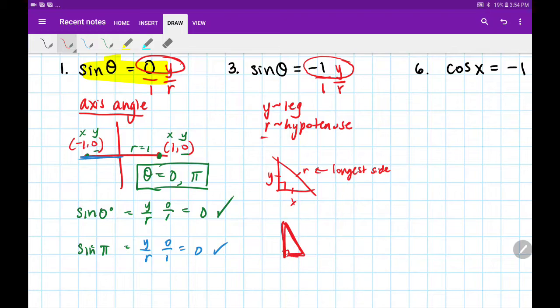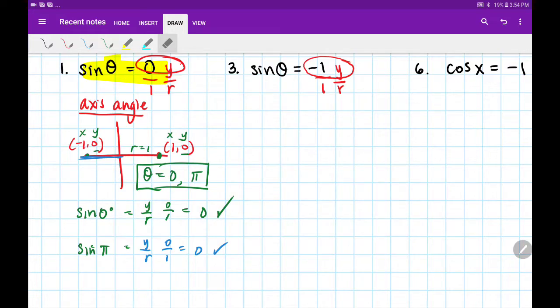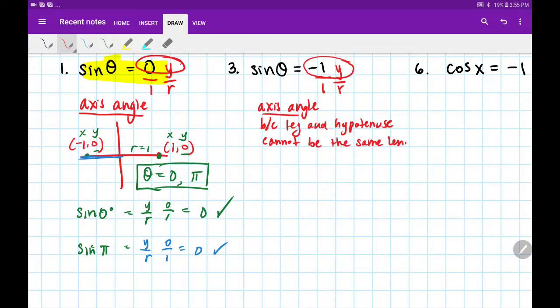So this is not a triangle. This is also an axis angle, so I'm going to write axis angle. And how did I know that? Because the leg and the hypotenuse cannot be the same length in a right triangle. So we know we're on our axis.